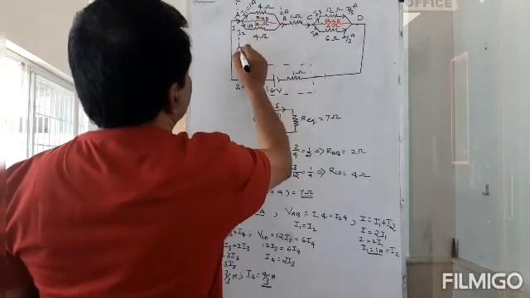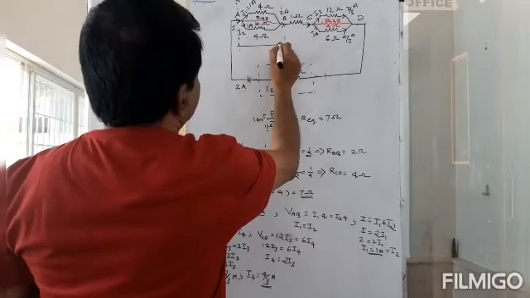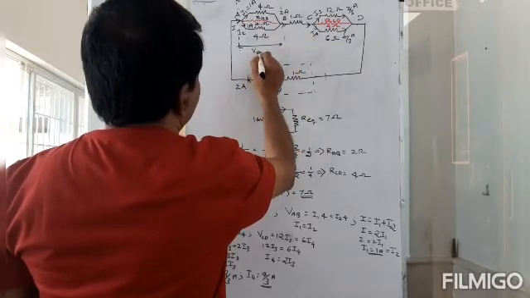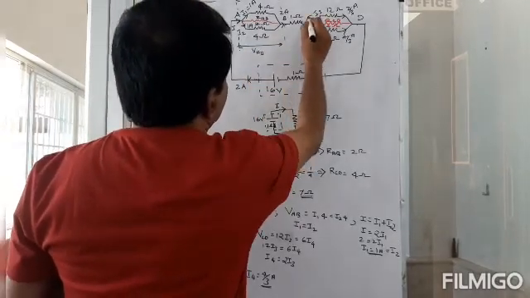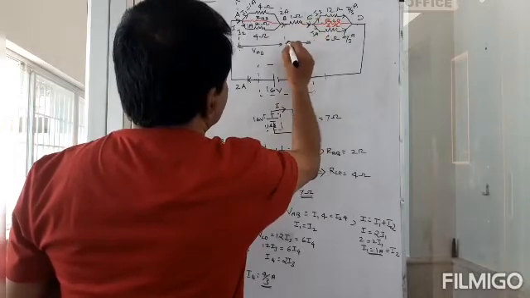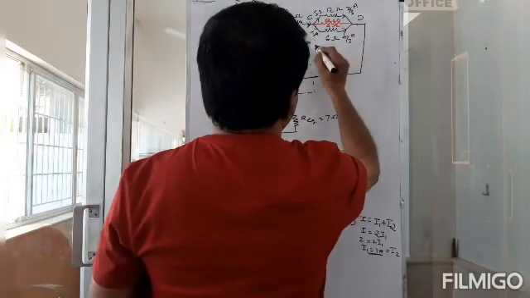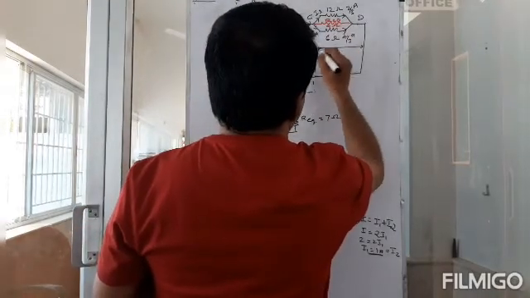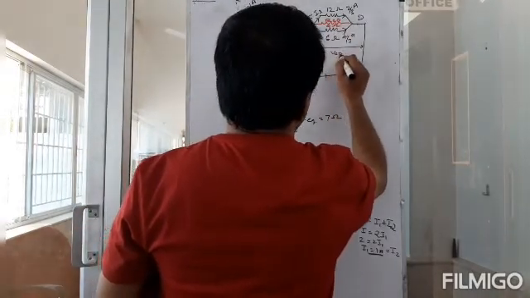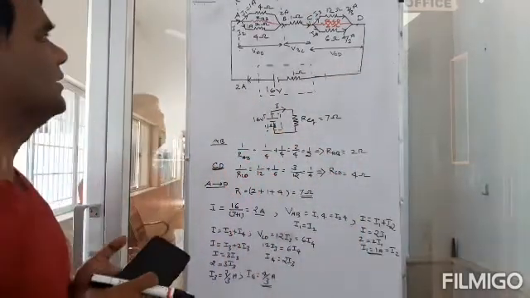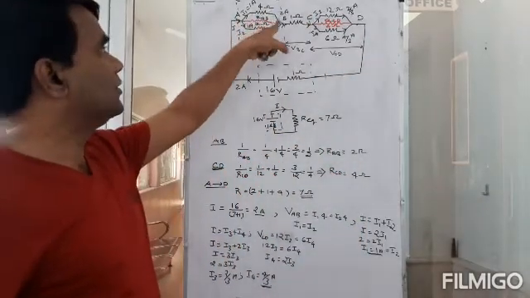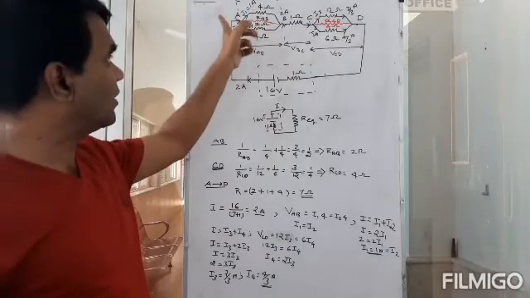Okay, I'll go this way. So VAB, and then this is VBC, and then this is VCD. That's easy. What is VAB? I1 into 4 or I2 into 4.